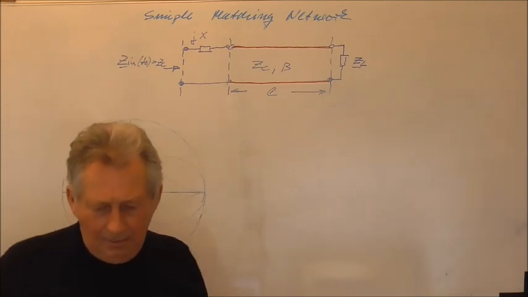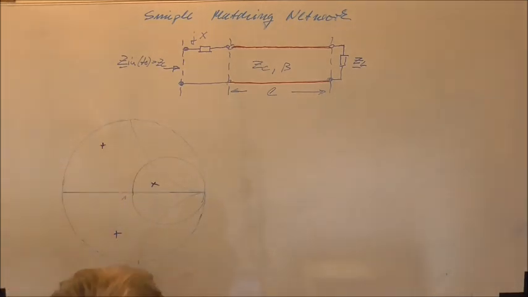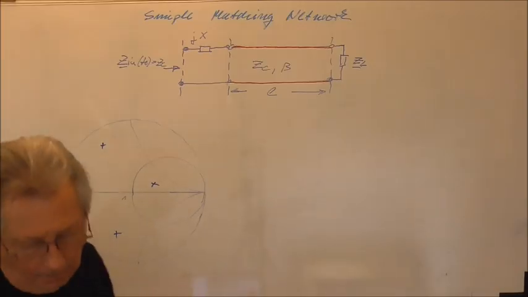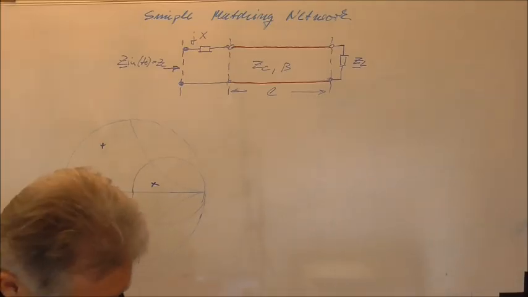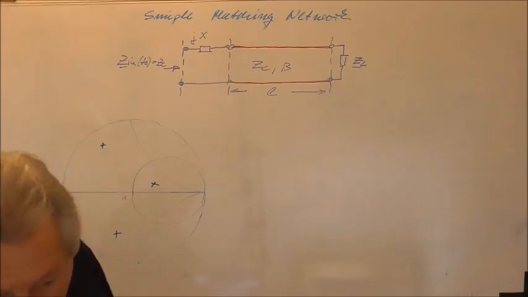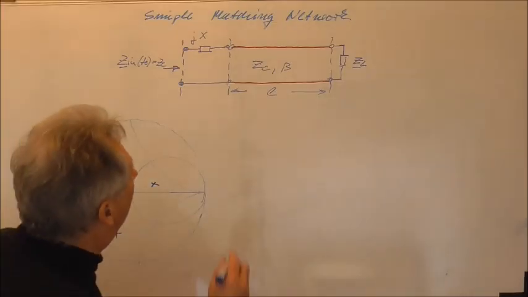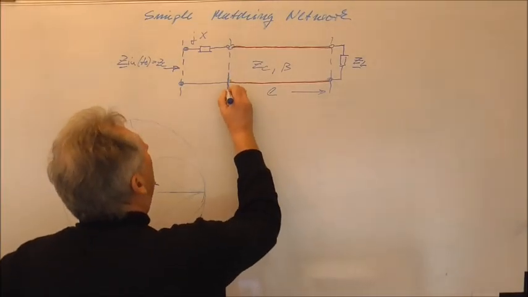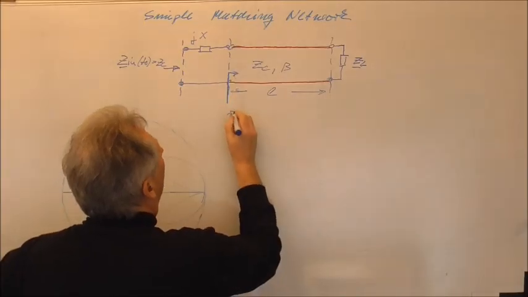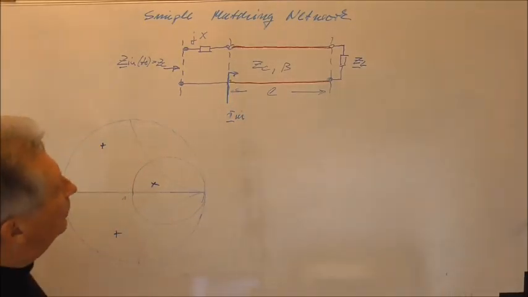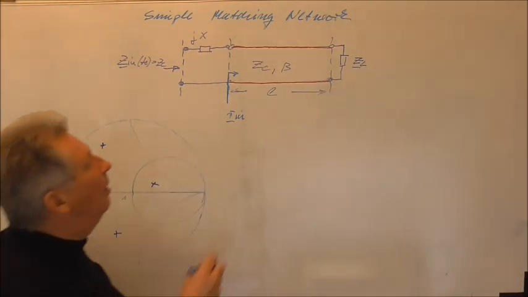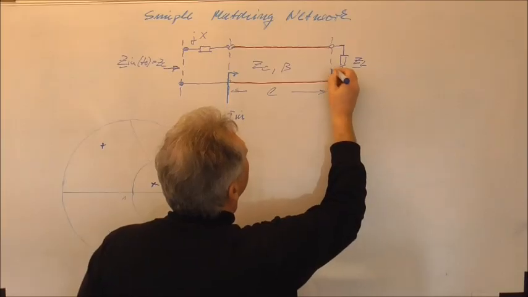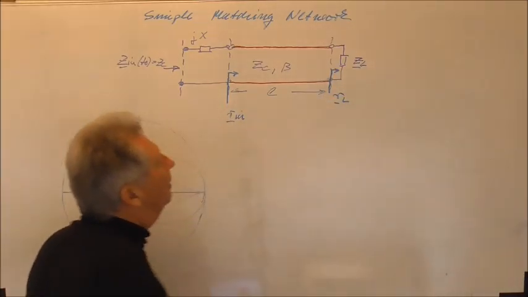Can somebody tell me? As I told you in the lecture already, this is our input reflection coefficient. Of course ZL results in a certain output reflection coefficient, ΓL.